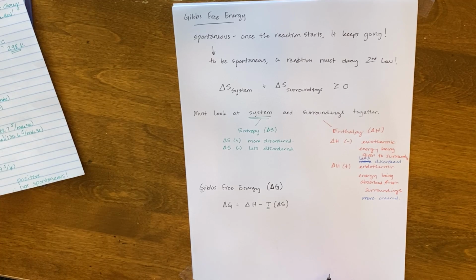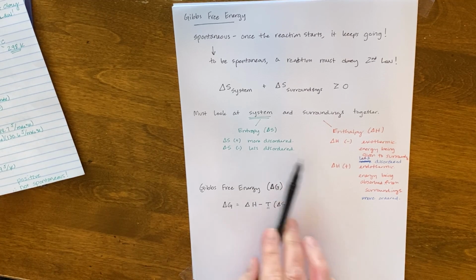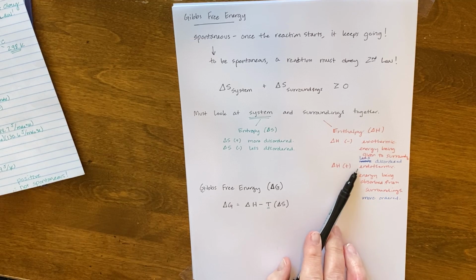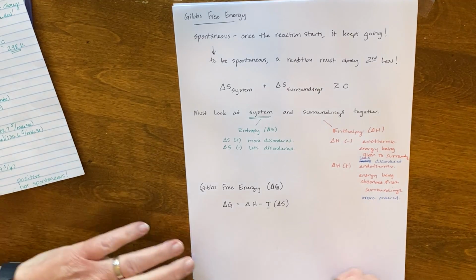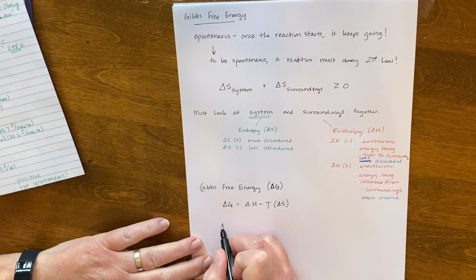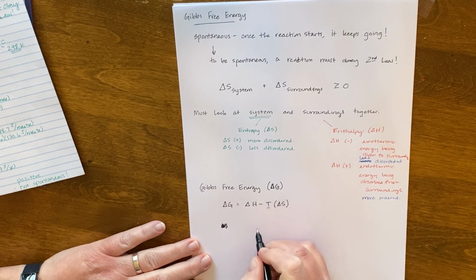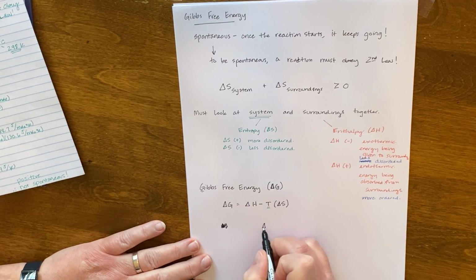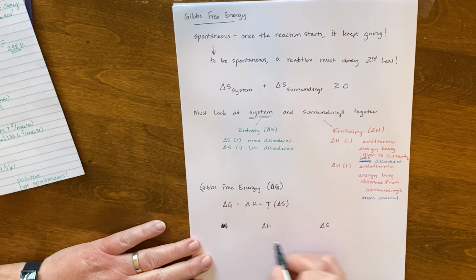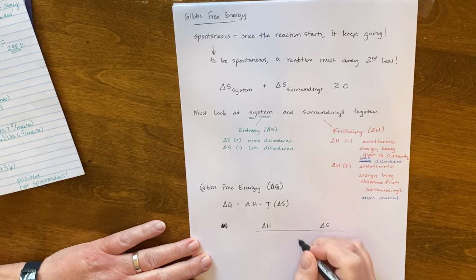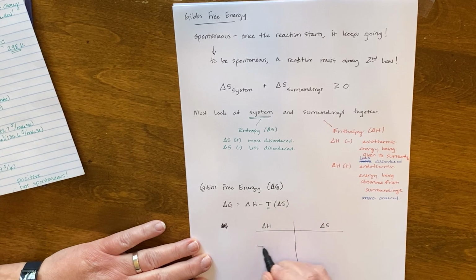Okay, so I want to look at this a little bit more, taking into account what we know here. So delta G, let me see, how do I want to put this? Let's look at our delta H and our delta S. We know these can have different values. 1, 2, 3, 4.